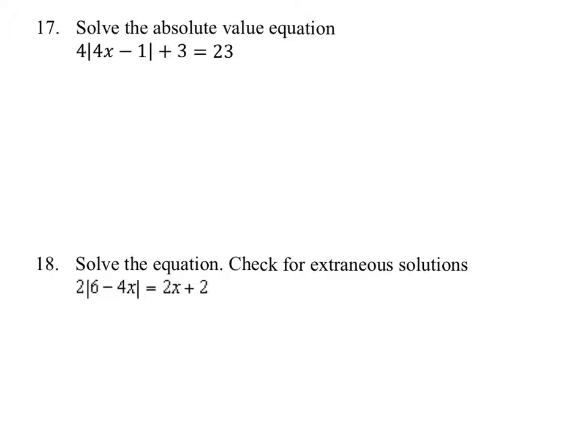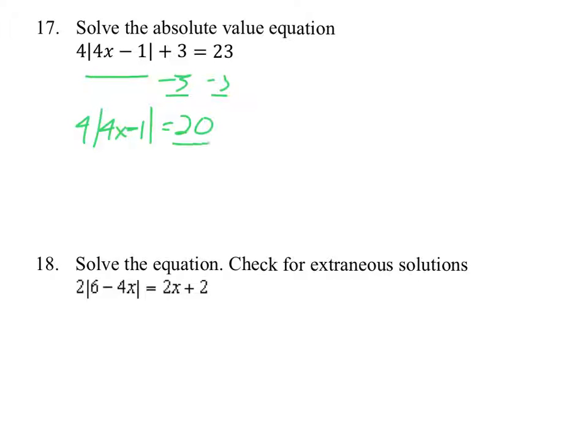Alright, next we'll take a look at solving this absolute value equation. Our first objective is to isolate that absolute value. So we'll start by subtracting the 3 from both sides of the equation. That gives us 4 times the absolute value equals 20.